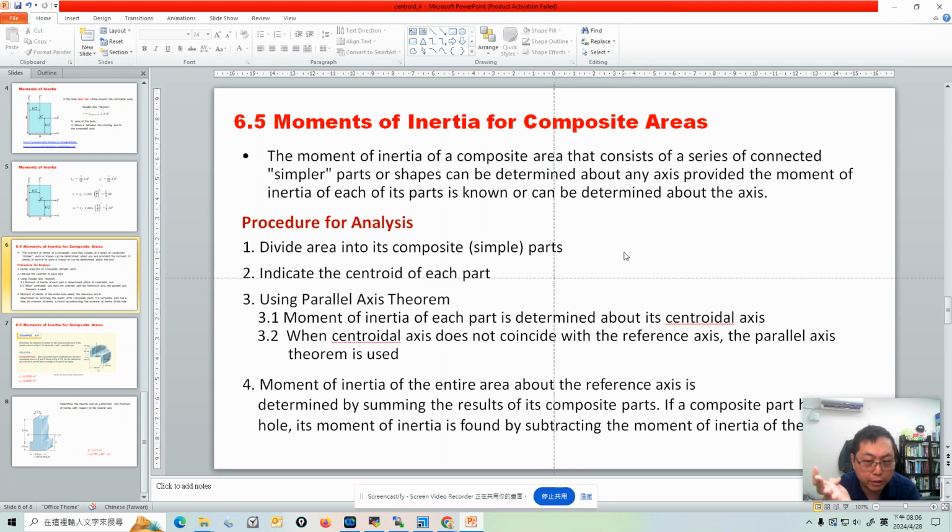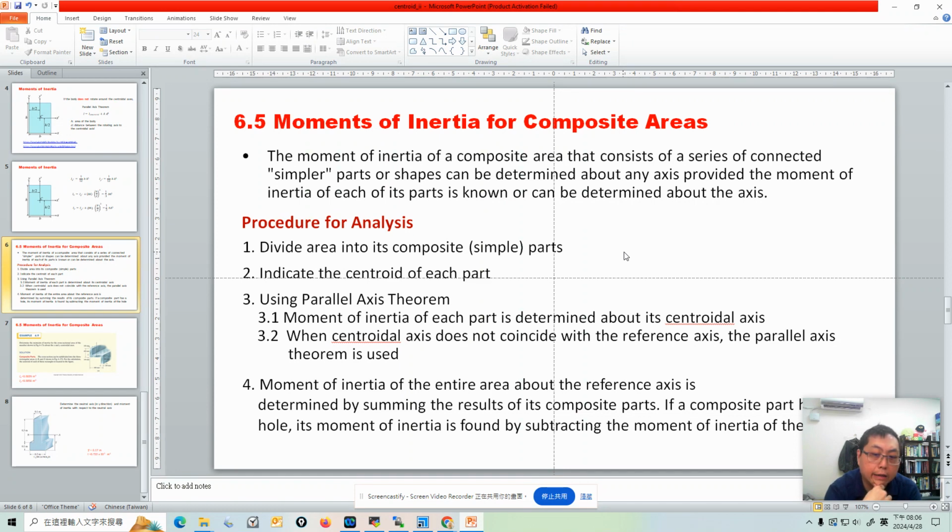Simply speaking, divide your area into many simple shapes, compute the moment of inertia of each simple area, and then add them together to get the composite moment of inertia.